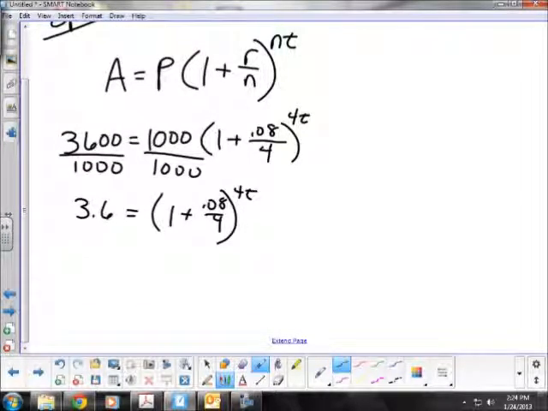What? Subtract 1? Can't subtract 1, it's inside the parentheses with being raised to the 4t power. I can figure out what this is, right? So that's 1 point, and that's 0.02. Right?